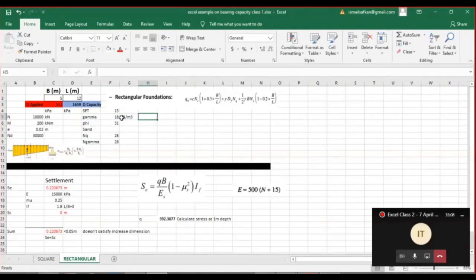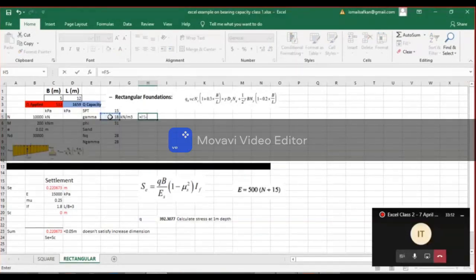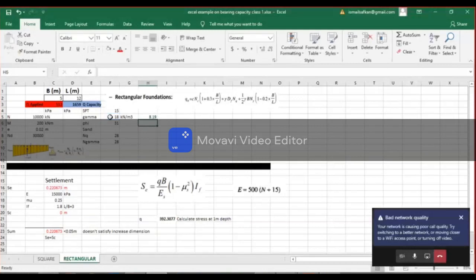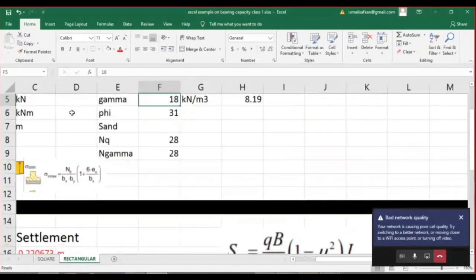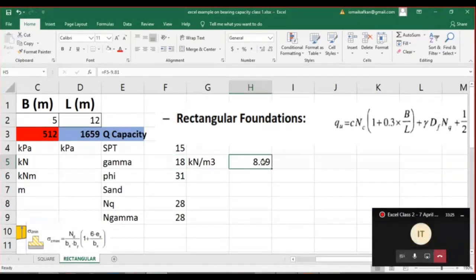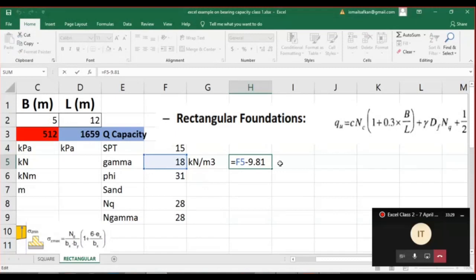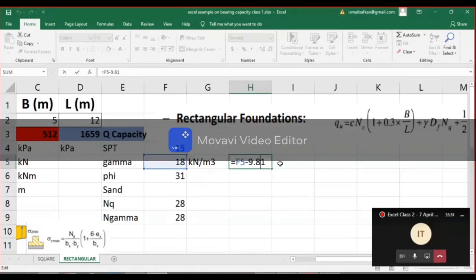So instead of gamma 18, you would say 18 minus 9.81 and would utilize that in your formula, not this 18. Let me zoom in. Okay.